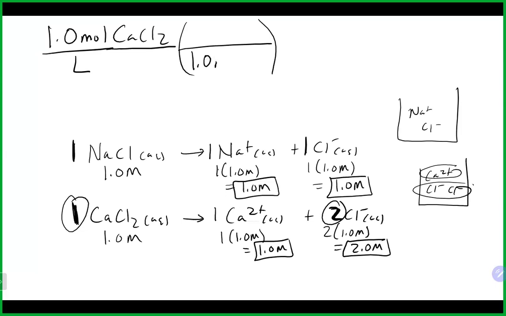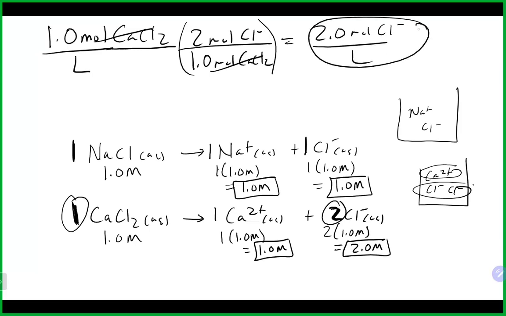For every 1 mole of calcium chloride, you get 2 moles of the chloride ion. The moles of calcium chloride cancel. That gives you 2 moles of chloride per liter. And that is how we get to this number. So that's the long version of just multiply it by the coefficient and you'll get the same answer there. You're really doing the mole to mole relationship between the whole thing and the ions when they go for a swim. Any questions on that there?